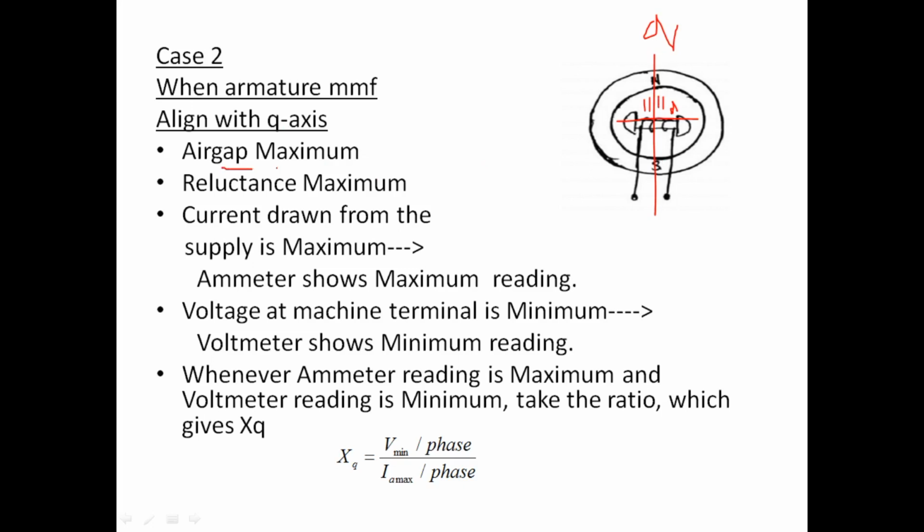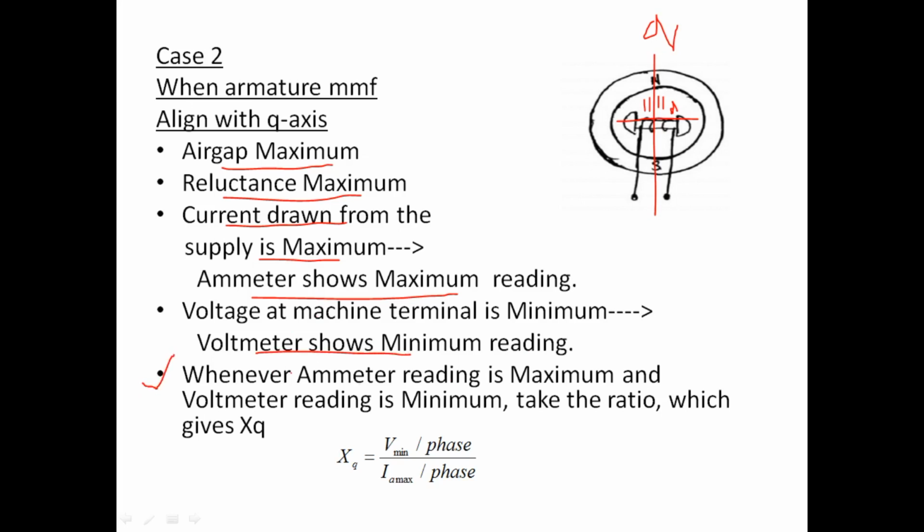Air gap maximum means reluctance is maximum and the current drawn from the supply is maximum, so the ammeter will show the maximum reading. At the same time the voltmeter will show the minimum reading, because current is maximum, drop is maximum and voltage will be minimum.